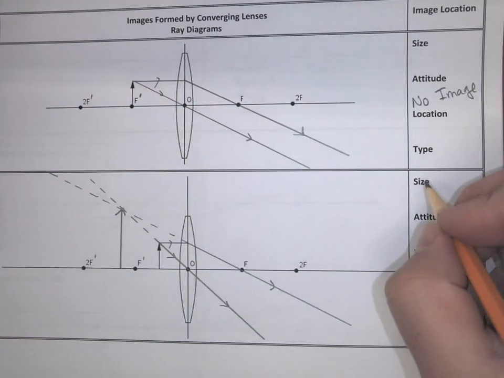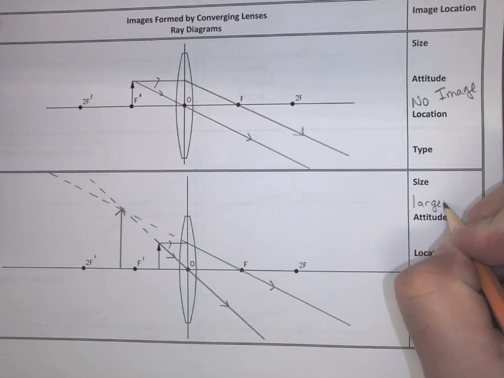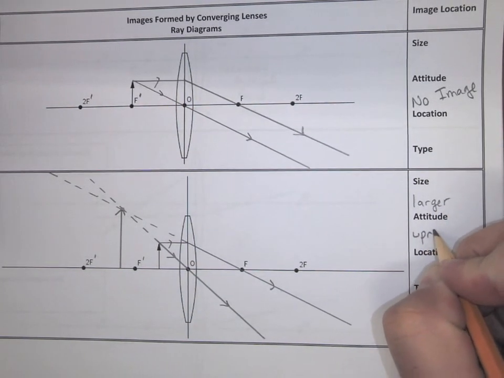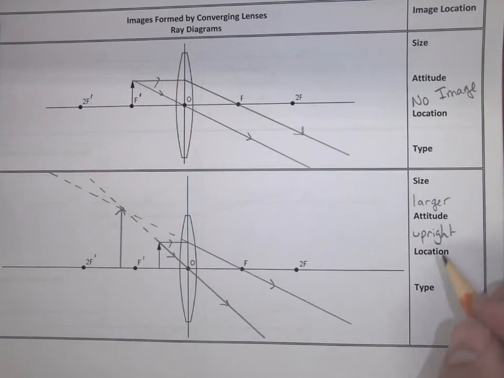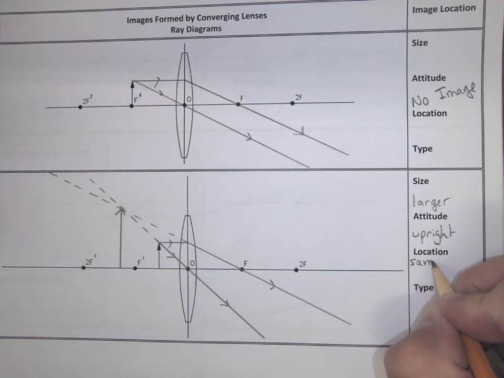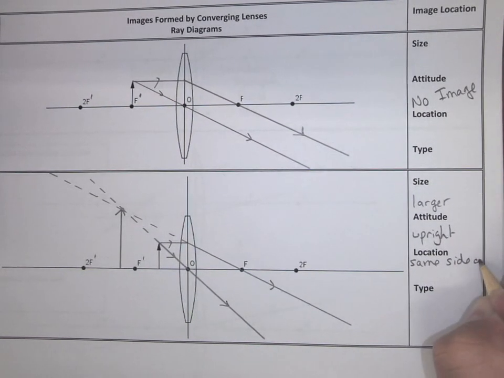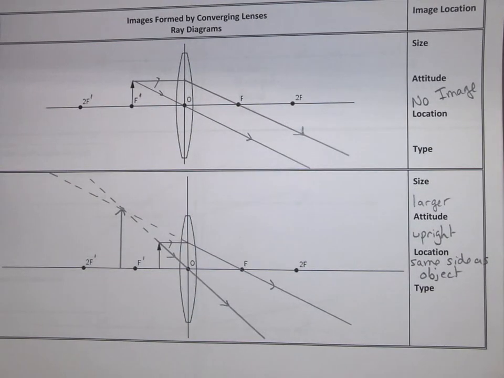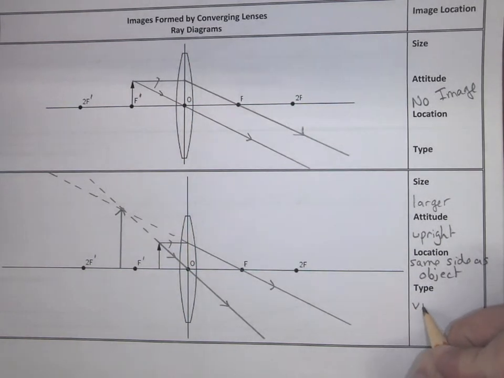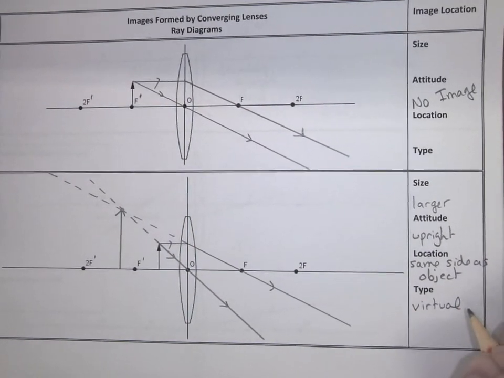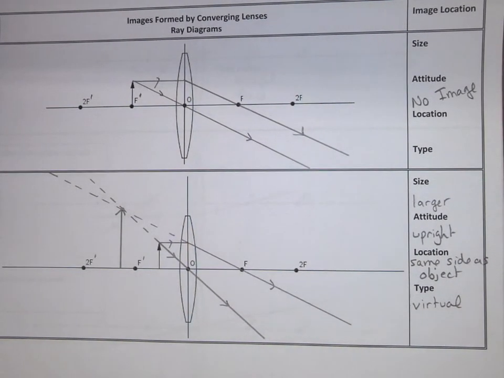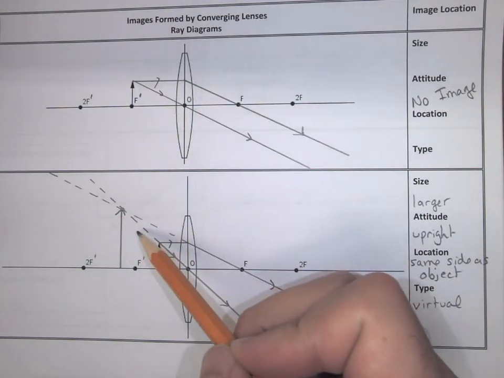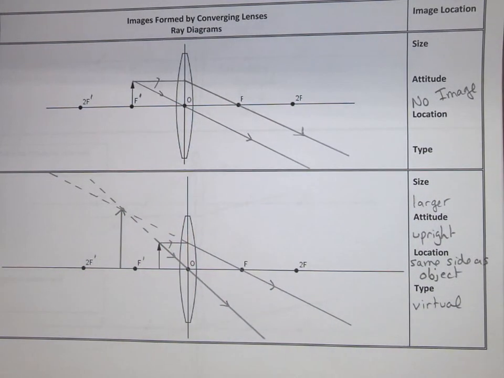Our image is larger, it is upright, the location is same side as object, and the type is virtual. It is virtual because it is the extended rays that are converging. These are your 5 cases for converging or convex lenses.